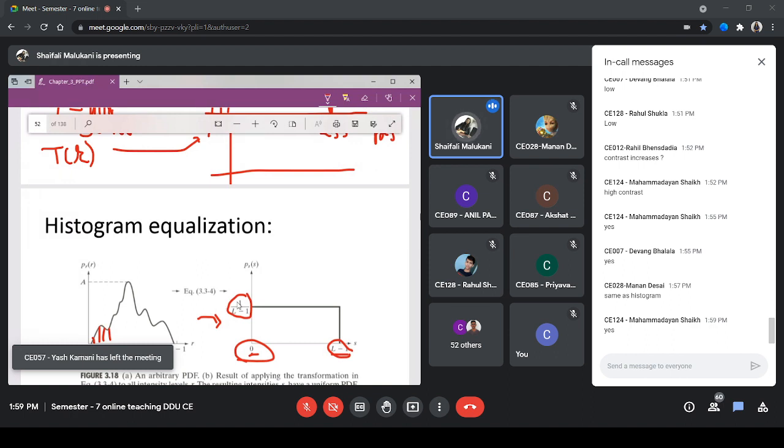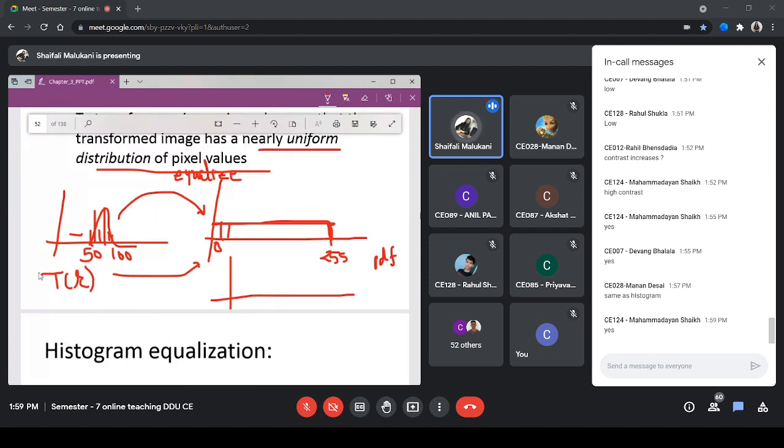That for my normalized histogram, I want to apply some transformation, some function, or rather some changes on R, so that after applying it, R will become S. It will change R in such a way that its histogram, which was earlier a random shape, is now uniform.